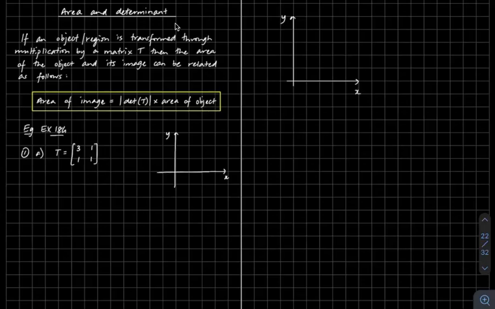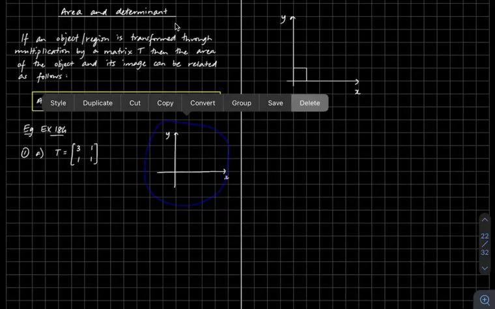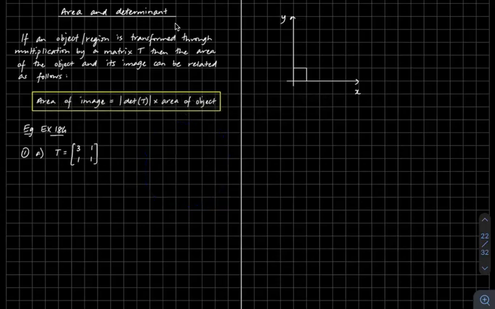There's y and x, and our unit square that we're starting off with is that one there. We're going to work out how that's transformed by this particular matrix. So let's think about the coordinates that we're starting with. We've got 1, 0, 1, 1, 0, 1 over here, and of course the origin, which is 0, 0.